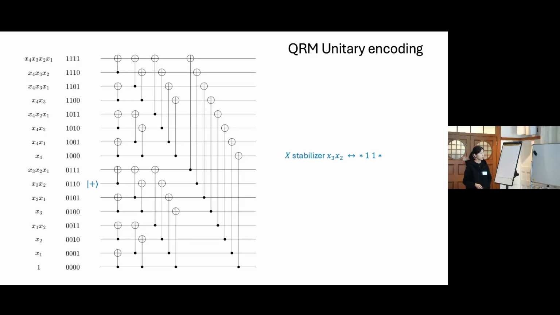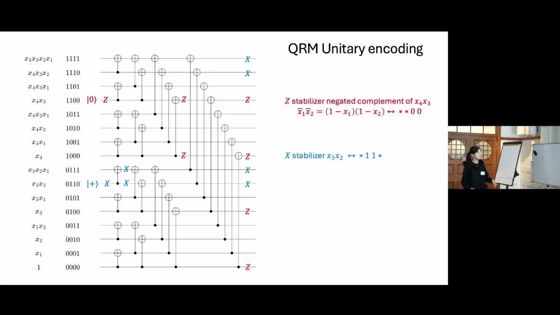Now we can go to this quantum code picture, where again we just do stabilizer propagation. If we put a plus state here, which is stabilized by a single X operator, and you propagate the stabilizer through the unitary encoding circuit, you get a stabilizer of the code. Similarly, if you want to get the Z stabilizer, you can also propagate it through.